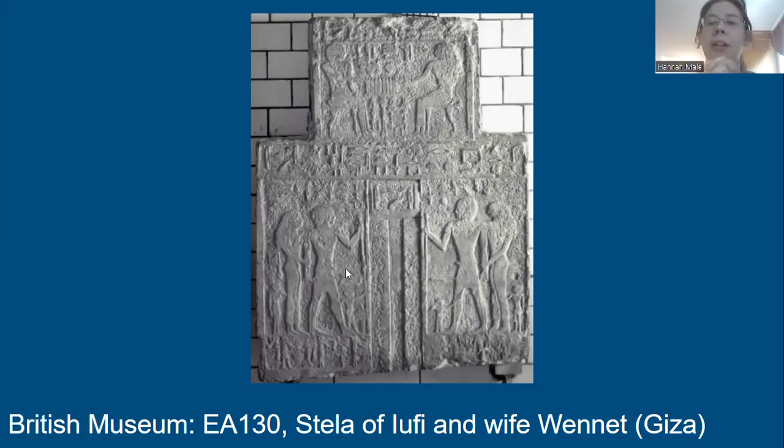So this, unlike the piece that we just saw, would have been in this couple's tomb chapel. Or that's the most likely original context for this piece. So this would have been seen by the living as well as the spirit of the deceased.